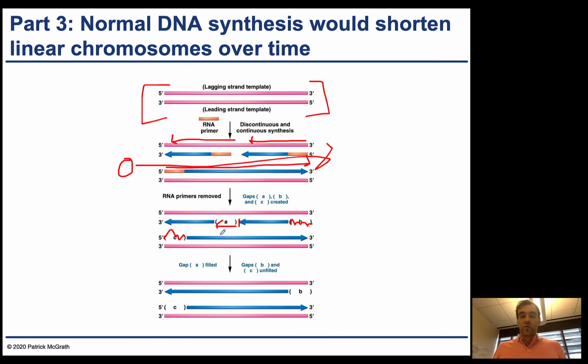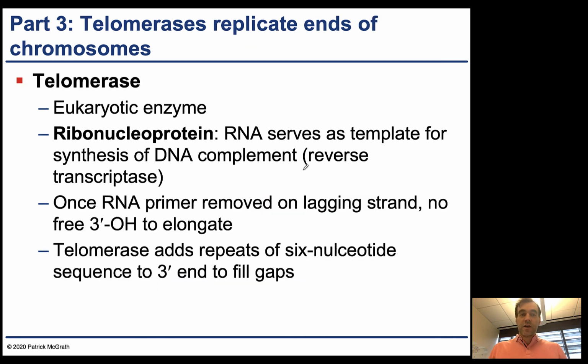If this continues on, generation after generation, you're going to progressively shorten the DNA until you've lost all of the DNA. So this is obviously a problem. The cell can't just let this happen. The cell has to come up with some sort of mechanism that allows the ends of the chromosomes to be synthesized as well. And this is where the enzyme telomerase comes in.